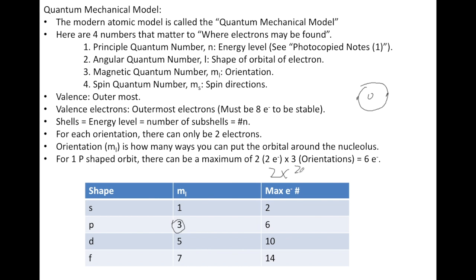So 2 times 3 equals 6. So a p orbital can have a maximum of 6 electrons. And a d orbital has 5 orientations, giving you 10 electrons in total. F orbitals, 7 orientations, 14 total electrons. So when we're doing electron configuration, this can be really useful. You will see why tomorrow, or should I say in the next video.